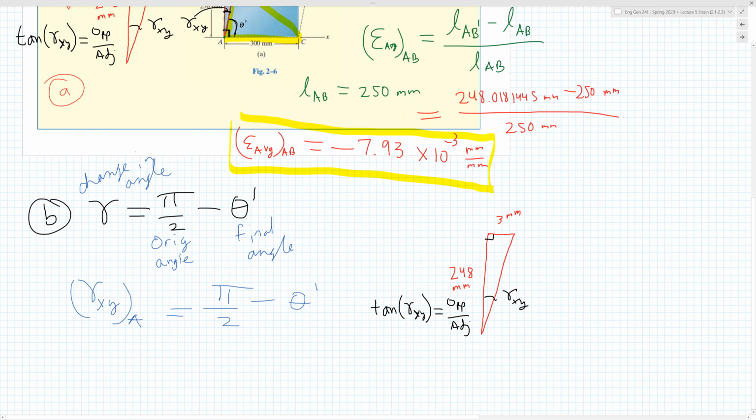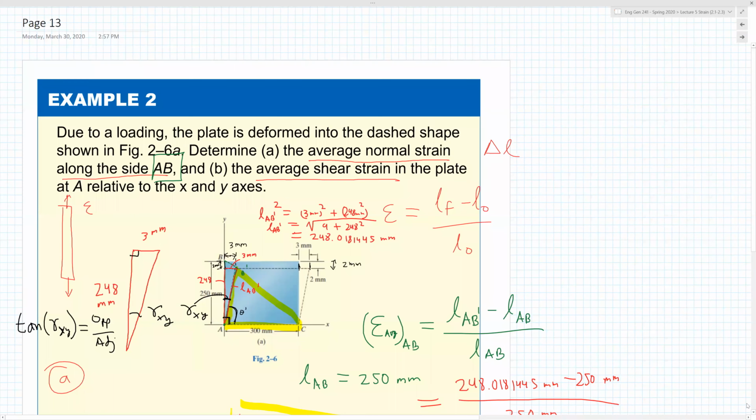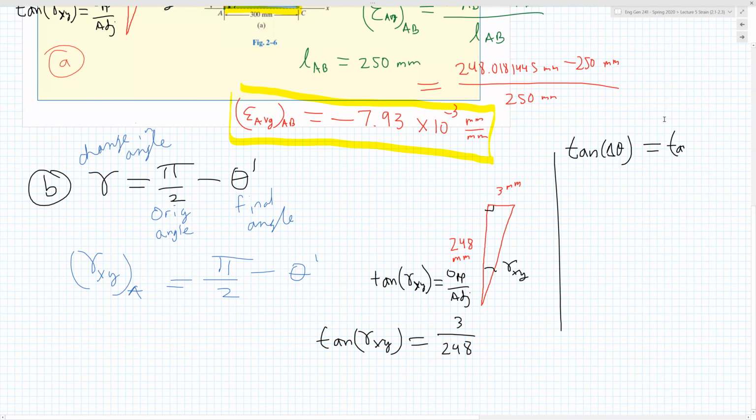I want to explain something to you. This is called the small angle approximation. When you let tangent delta theta, okay, tangent theta is sine delta theta over cosine delta theta.